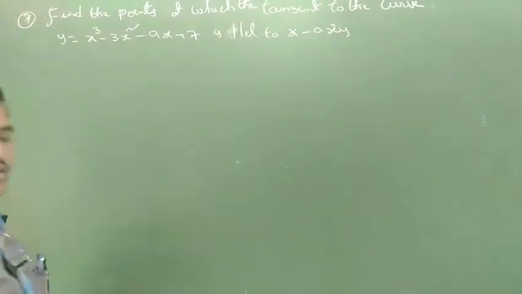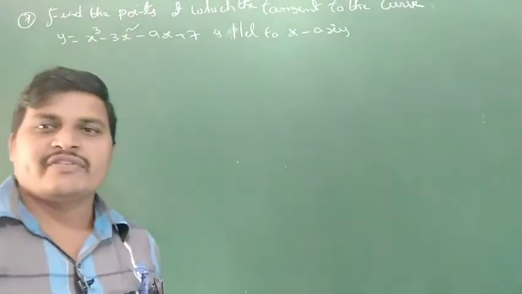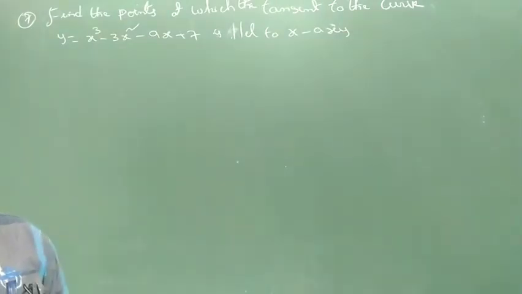The first model is the slope of the tangent and slope of the normal. The second model is find the equation of a tangent and equation of the normal. The third model is find the points at which the tangent to the curve is parallel to the x axis.